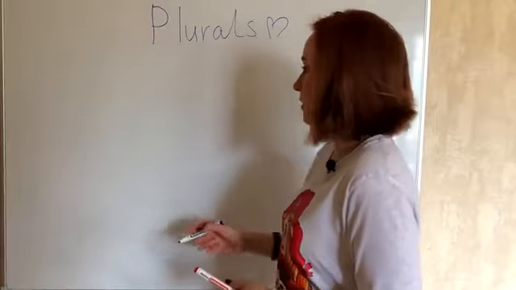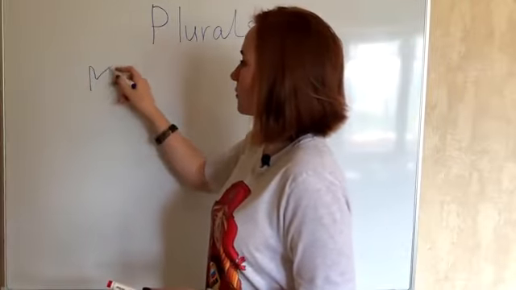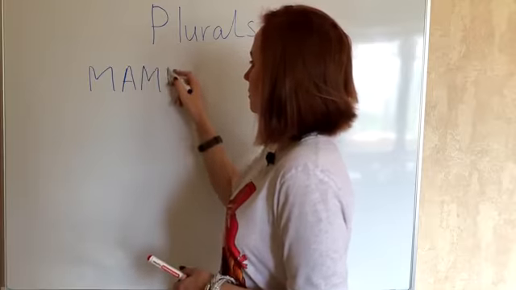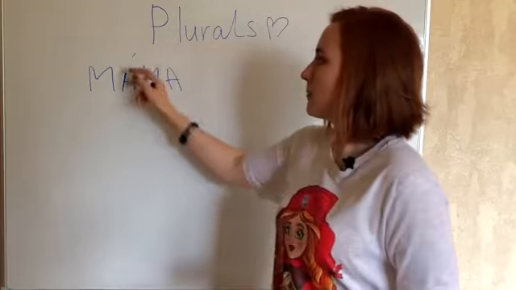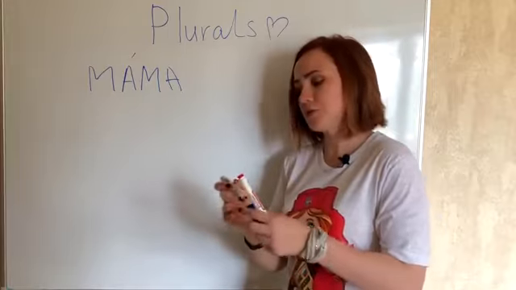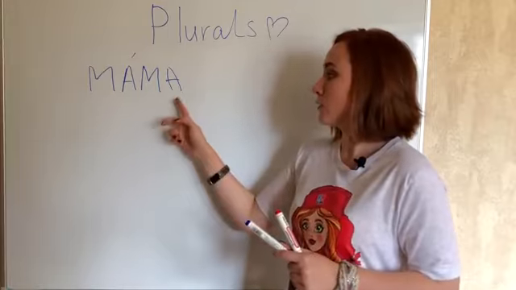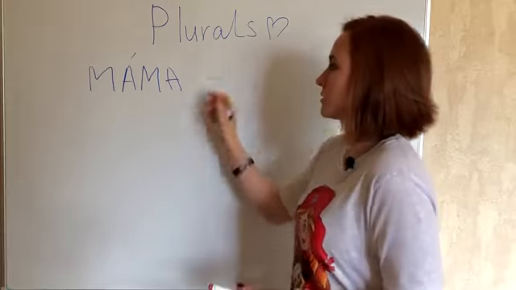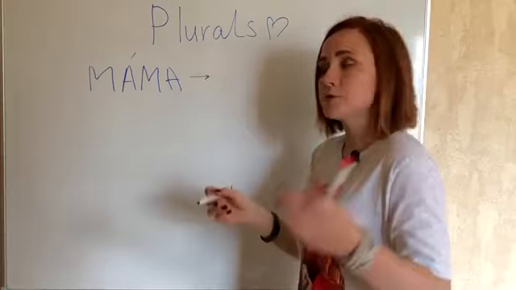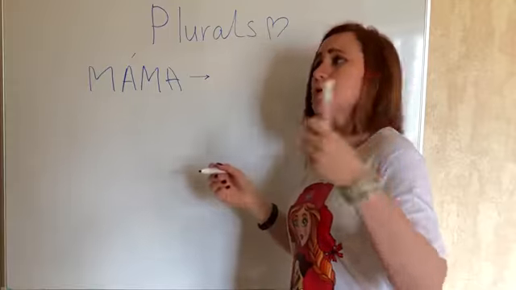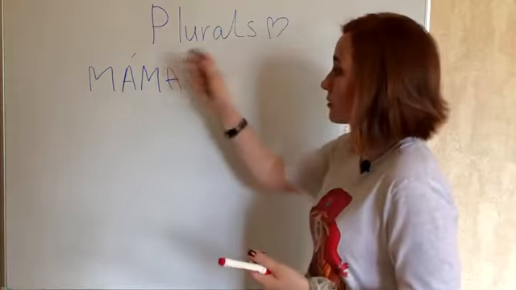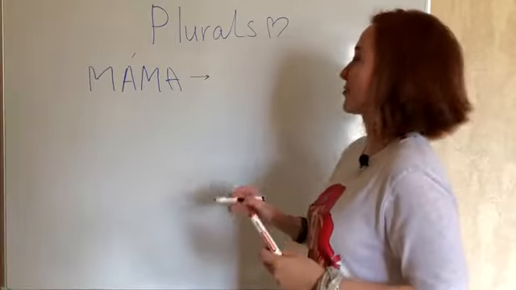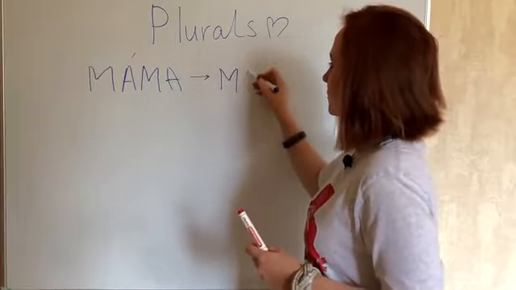Now, how about some practice? I write the word, you think of how to make it plural. Mama. What do we do? We look at the ending. We see a here, so it turns to... Actually, I'd love to make you pause the video and think before I give you the answer, so the gears in your brain start to work.